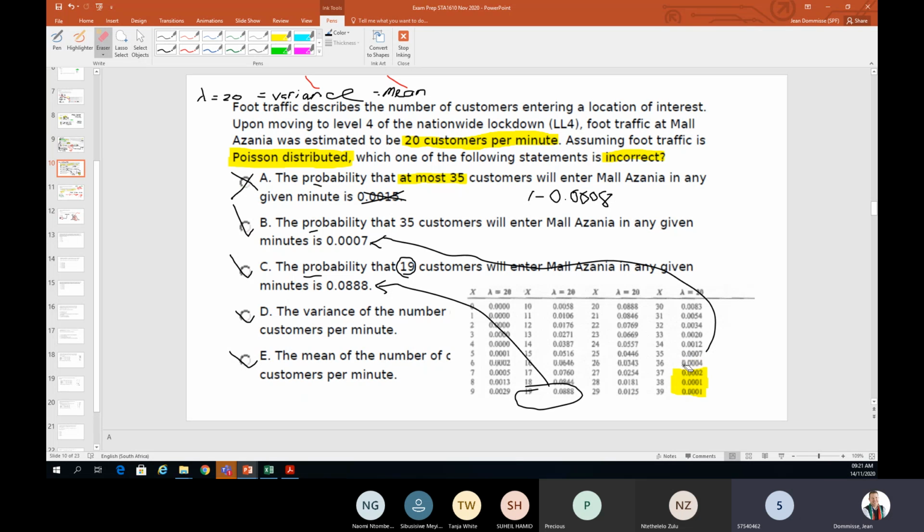Okay, so at most should be less than or equal to 35. Let's quickly look at that one again. When I tell you at most, I always try to make these kinds of questions more relatable for myself. It's like, how many hamburgers can I eat? I can eat at most 2 hamburgers.